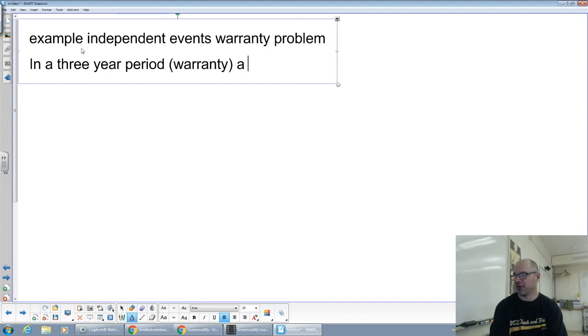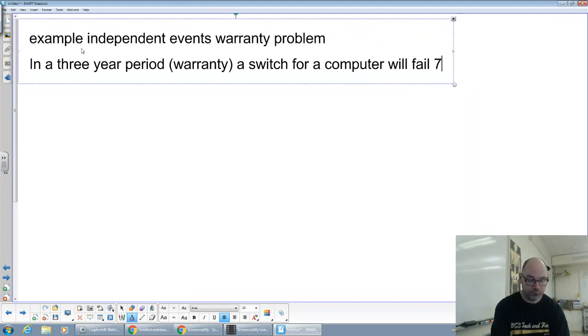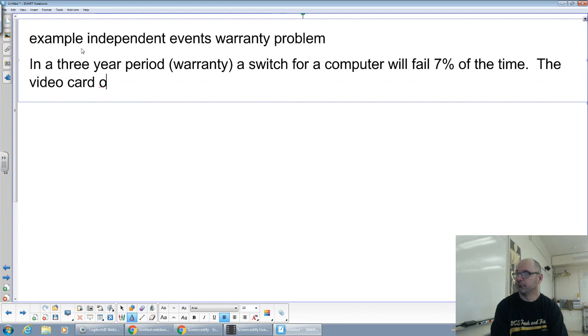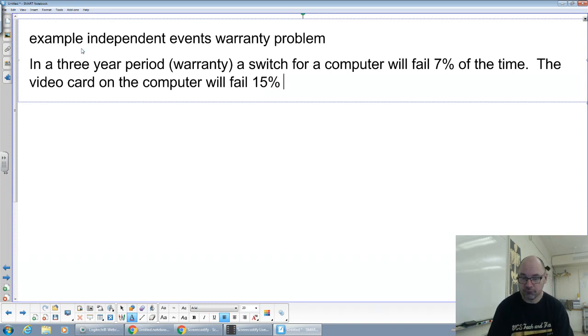A switch on a computer fails 7% of the time. A video card on the computer will fail 15% of the time. Okay, we'll just do 2 events, assuming independent events.